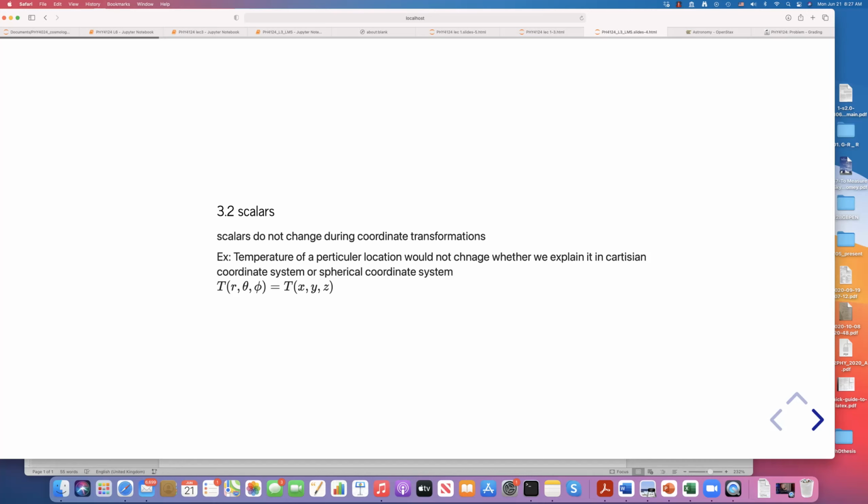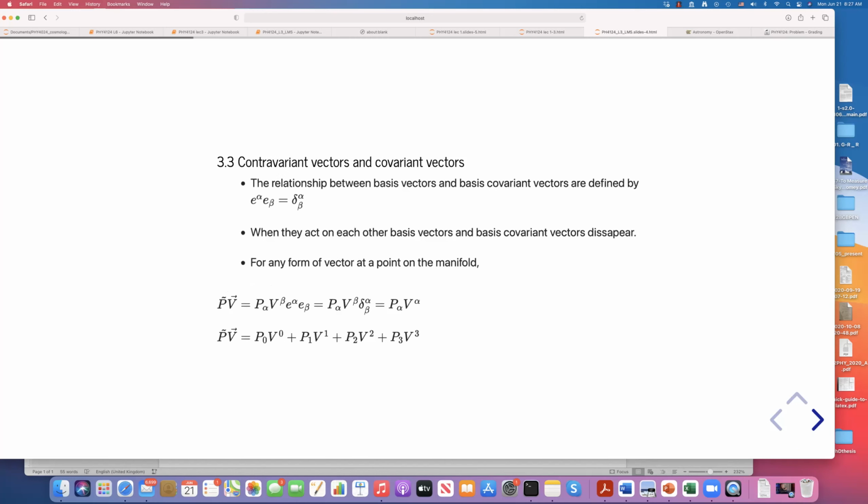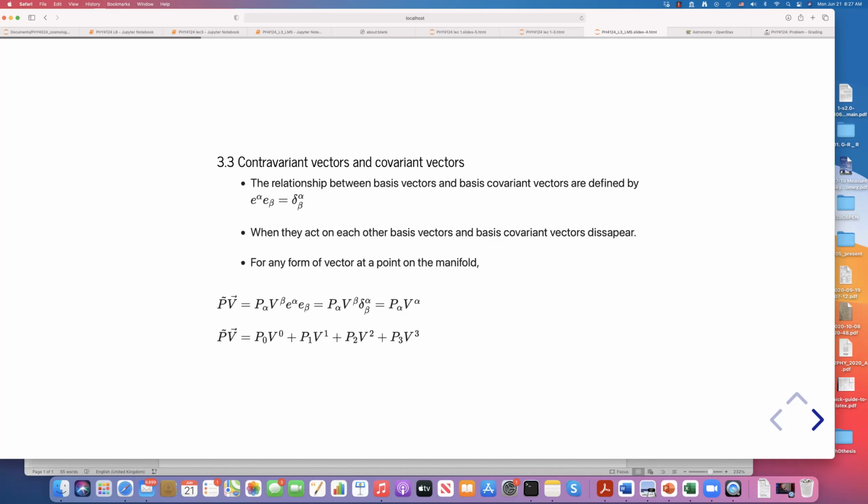I guess all of you know about it. And then let's look at the contravariant vectors and covariant vectors.